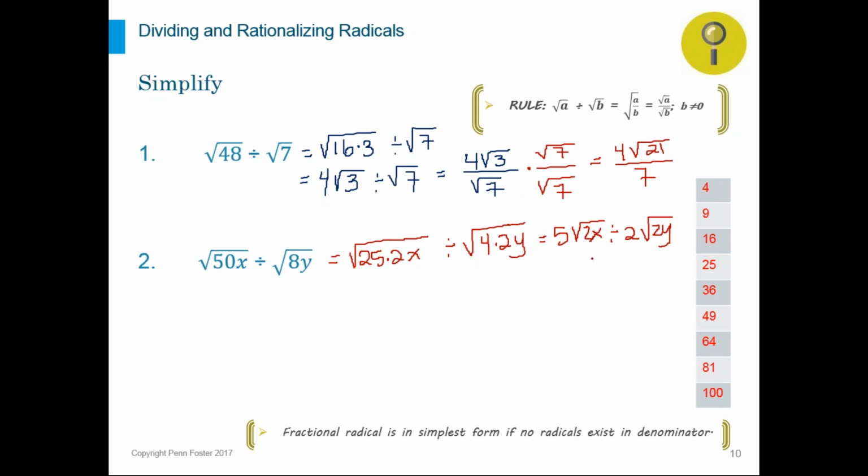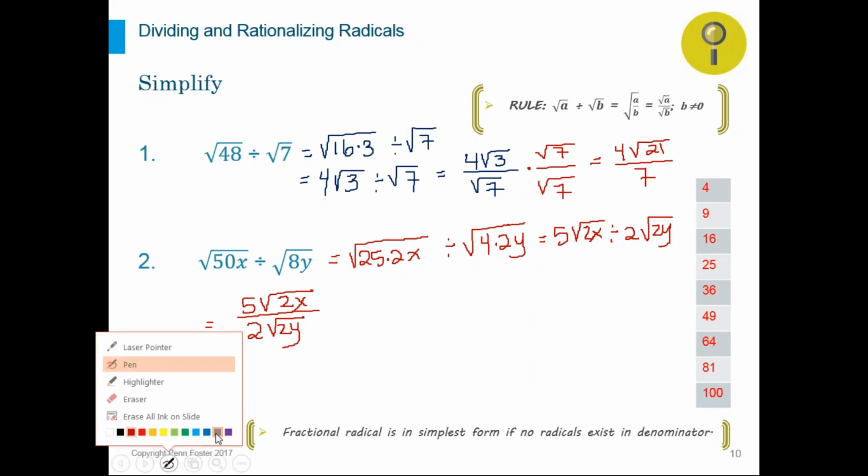Let's rewrite that in fraction form since we cannot simplify anything further. So it equals 5 square root of 2x divided by 2 the square root of 2y. It's a correct answer, but we need to rationalize the denominator.